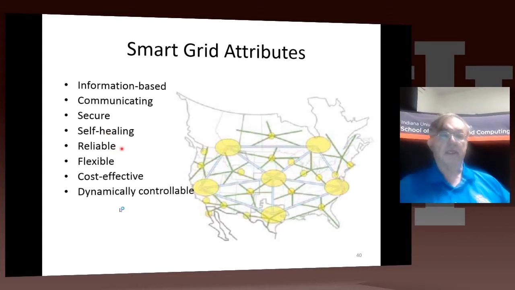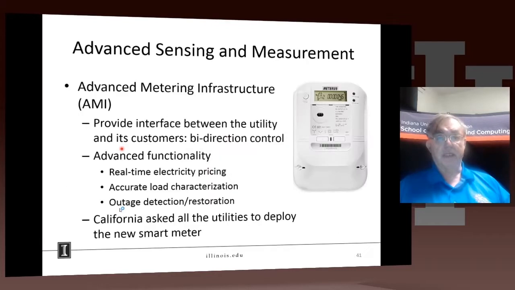You have multiple sensors, so if one goes down, you can effectively interpolate to find the values from other sensors, and all of this is controlled dynamically. Hopefully it's cost effective. And because it's all done by software, it's intrinsically flexible if you write the software correctly.